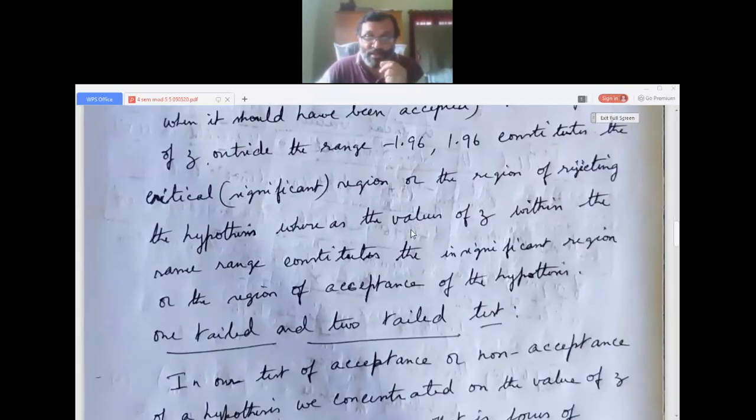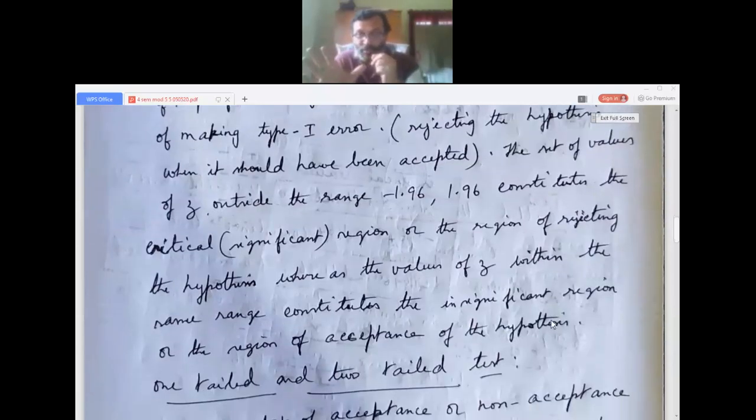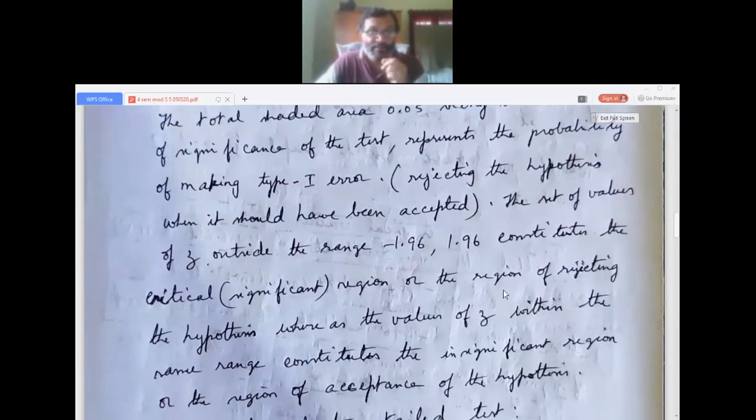Whereas the values of z within the same range constitute the insignificant region. So outside minus 1.96 and plus 1.96, the shaded portion, is the critical region, the region of rejecting the hypothesis.